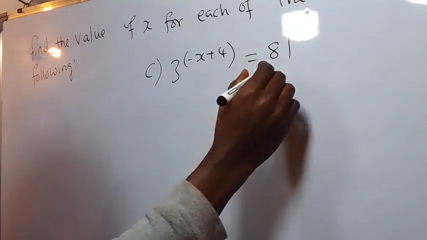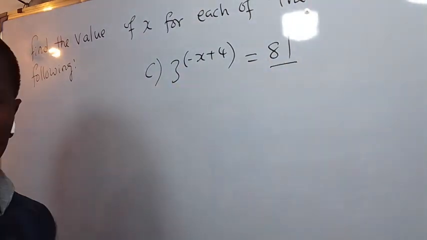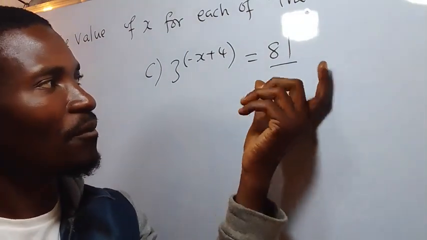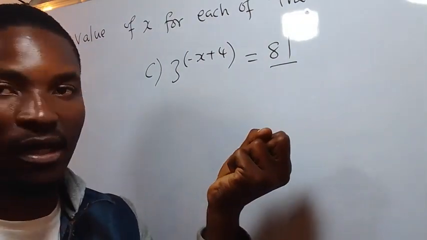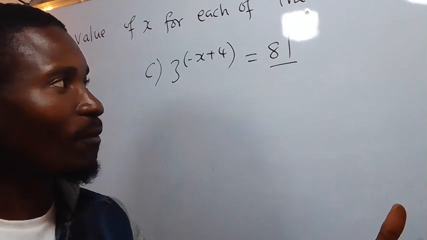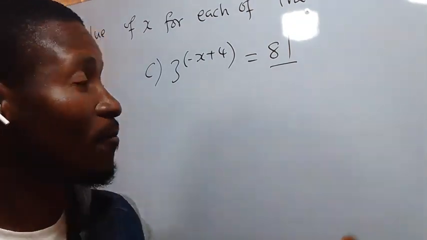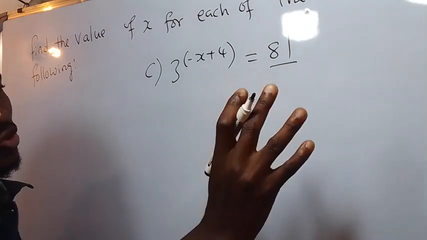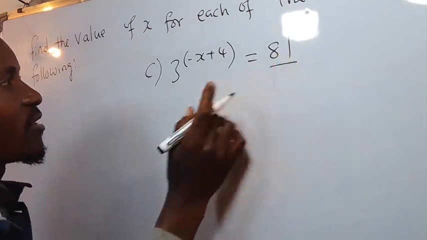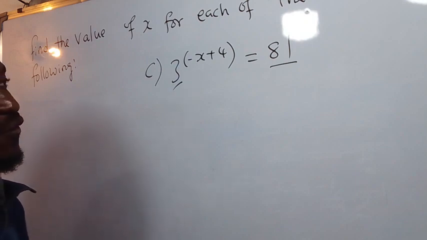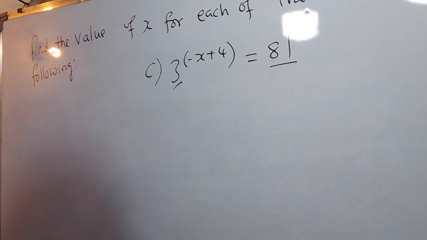When you look at this 81, which is a big number, we can think of how I can simplify 81 in terms of indices, in terms of powers. I can write this 81 in powers of something, but at the end of the day, I must ensure that the base of this 81 should be the same as 3, because 3 is in its simplest form. I can no longer simplify 3.